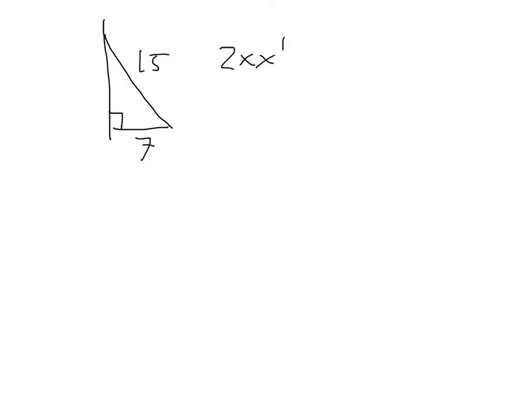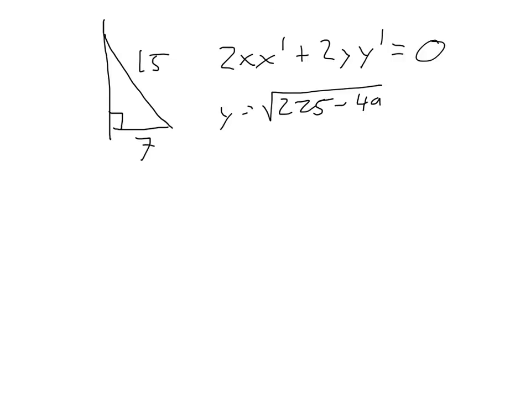2x x prime plus 2y times y prime equals 0. So my x is 7, I need to find my y, so y equals the square root of 225 minus 7 squared, which is 49, which is the square root of 176.